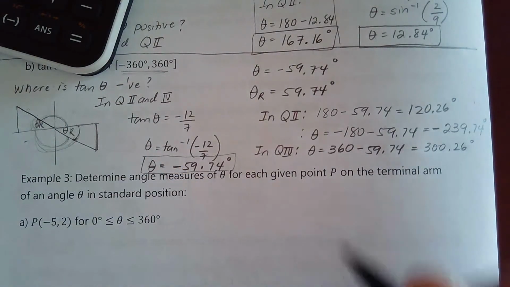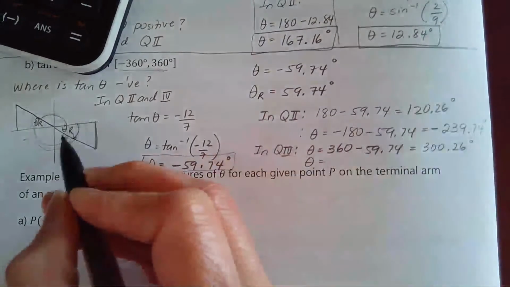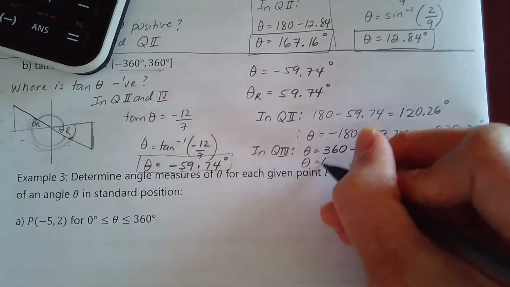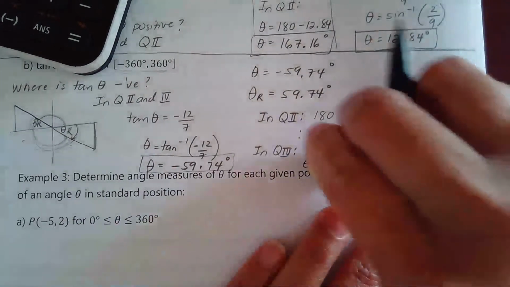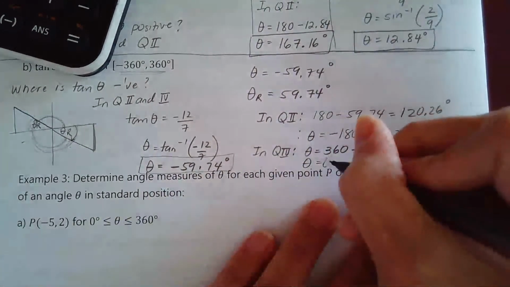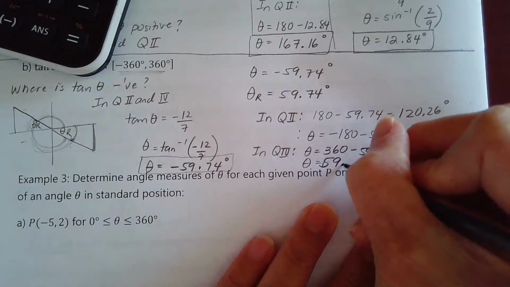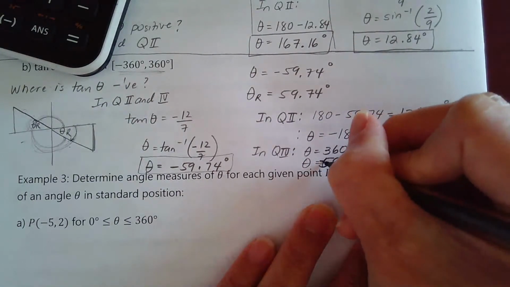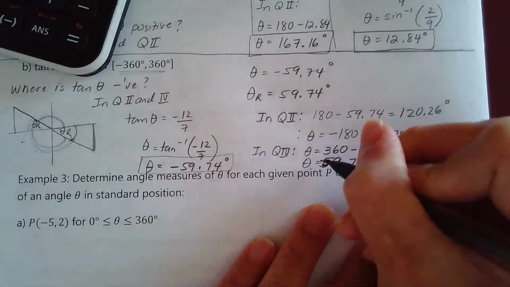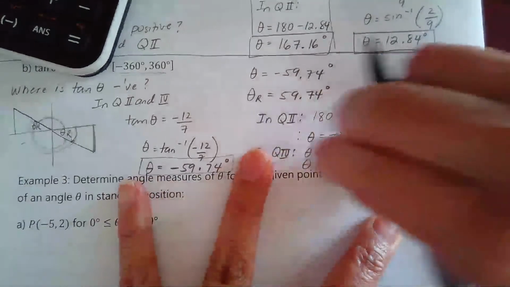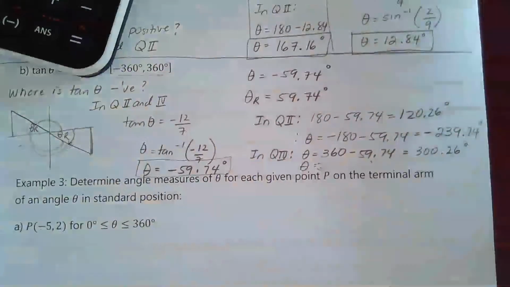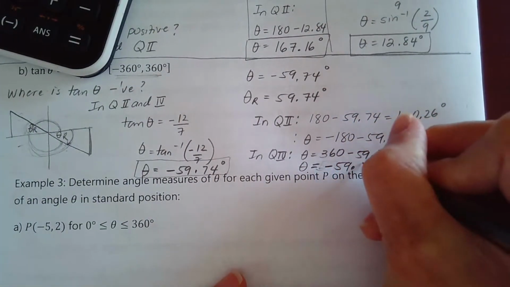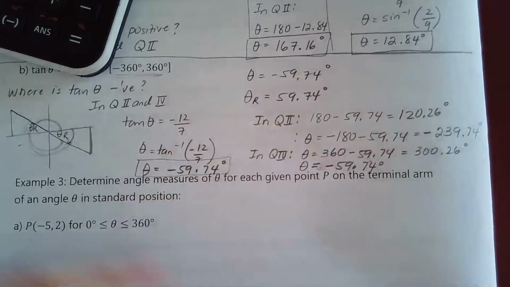And then the other way would be to just turn clockwise. So theta would be negative 59.74 degrees.